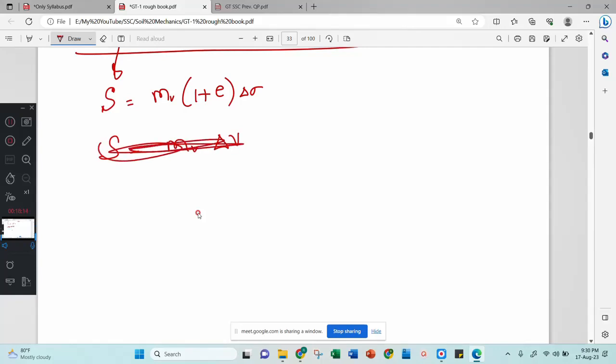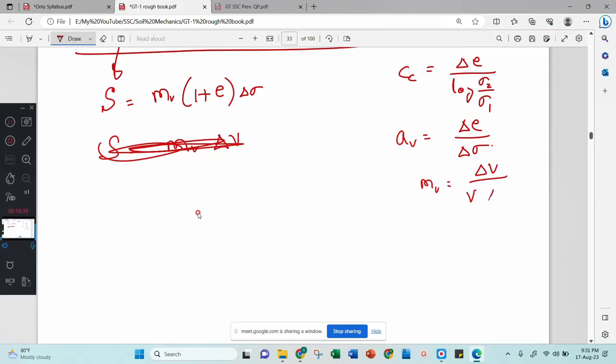This one. See here, we already defined Cc equal to delta e divided by log of sigma 2 divided by sigma 1, and we have already defined av equal to delta e divided by delta sigma, and we have defined mv equal to delta v divided by v into delta sigma.